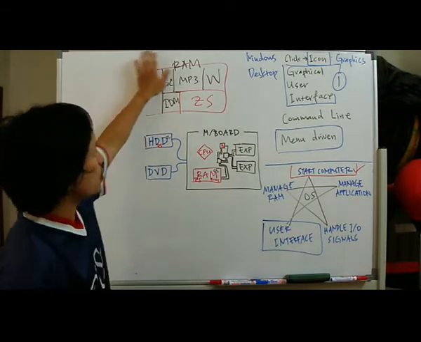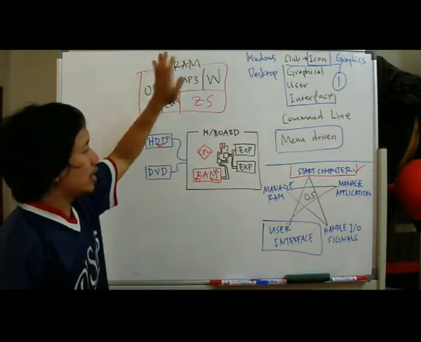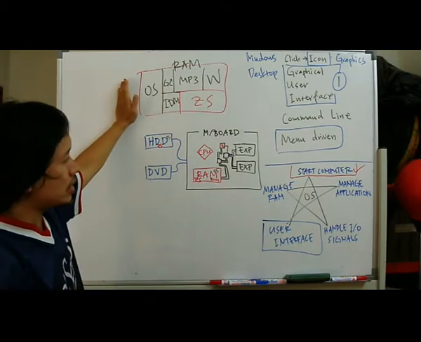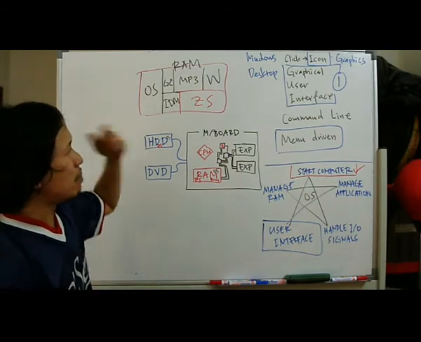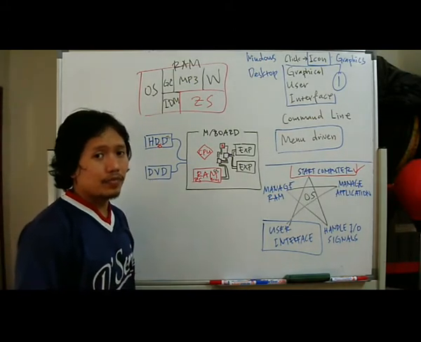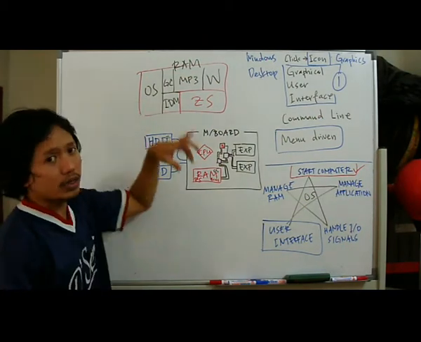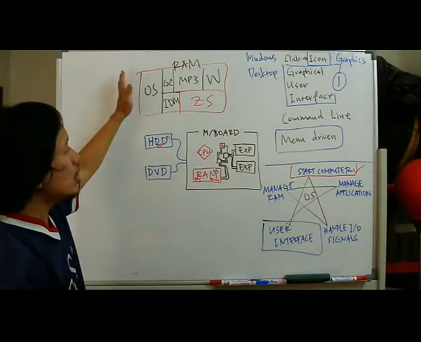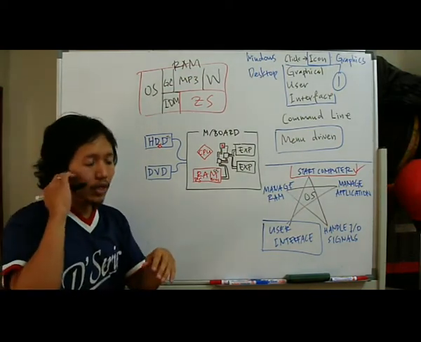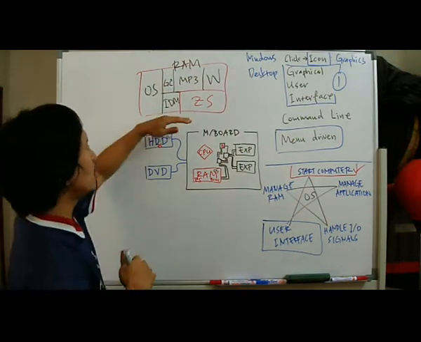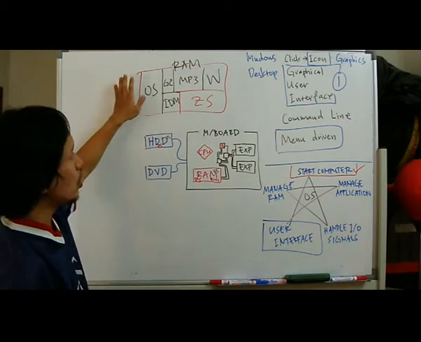Now, this is possible because you have the kind of operating system which is called multitasking, instead of a single tasking operating system. So our operating system, the one that we have at home, is mostly multitasking, where we can do lots of things at once.